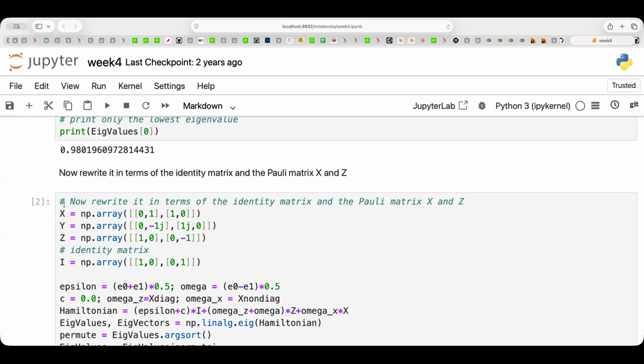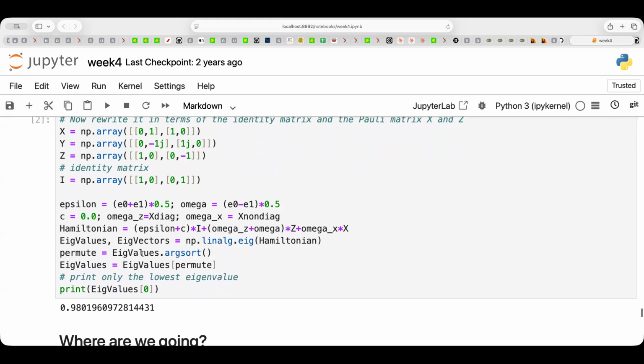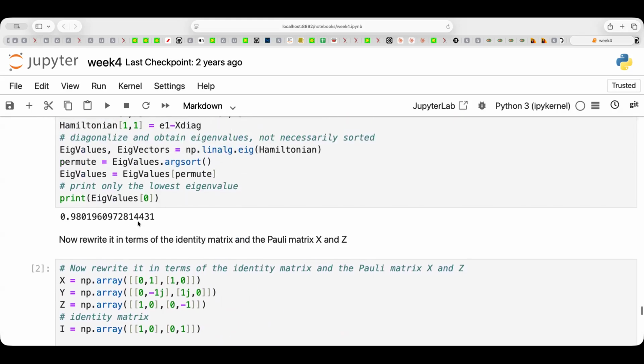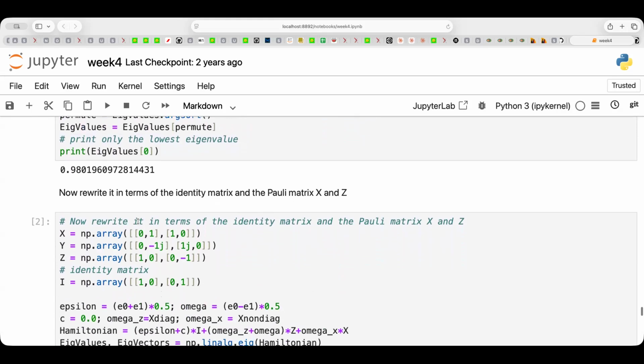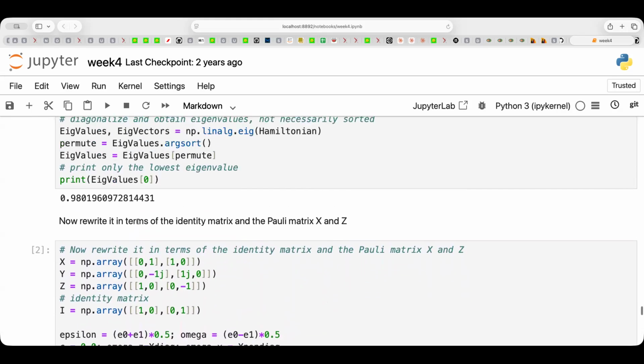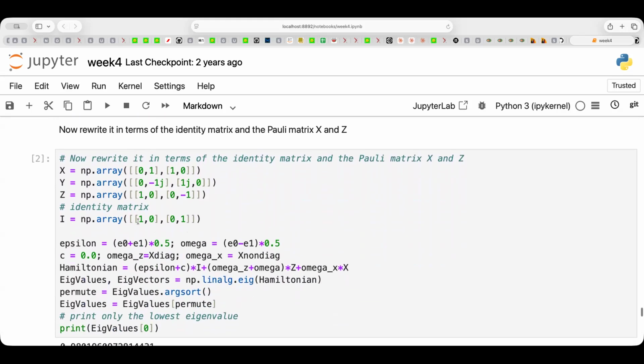You can see that I'm just setting up the Pauli X, Y, Z matrices, the identity matrix, and I'm simply setting up the Hamiltonian. And as a check, I've computed the eigenvalue, and that should be equal to the one I got when I diagonalized the matrix, right? That shouldn't come as a surprise. It's just a rewrite of the Hamiltonian, and that's a kind of sanity check.